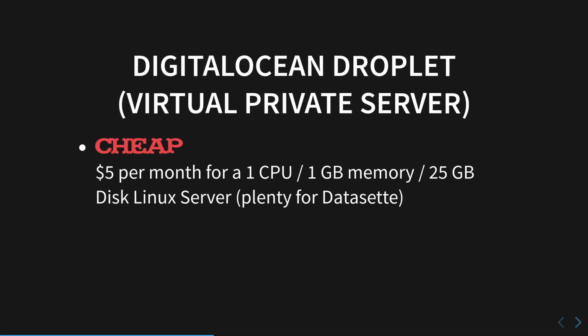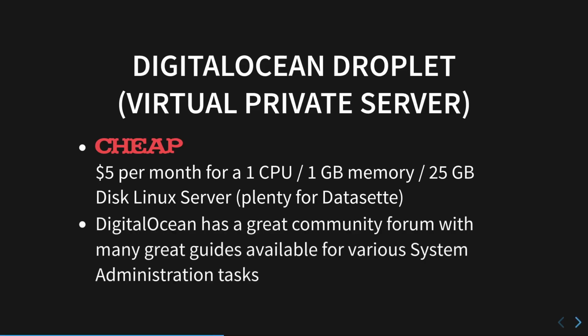I should mention that typically when I've been doing these extracts, the data is usually about 5 gigabytes per snapshot. So if you wanted to host 1 or 2 snapshots on this DigitalOcean platform, it can easily handle that. And then also, like I said, it's got great community support, lots of guides and all sorts of things that are available for you.